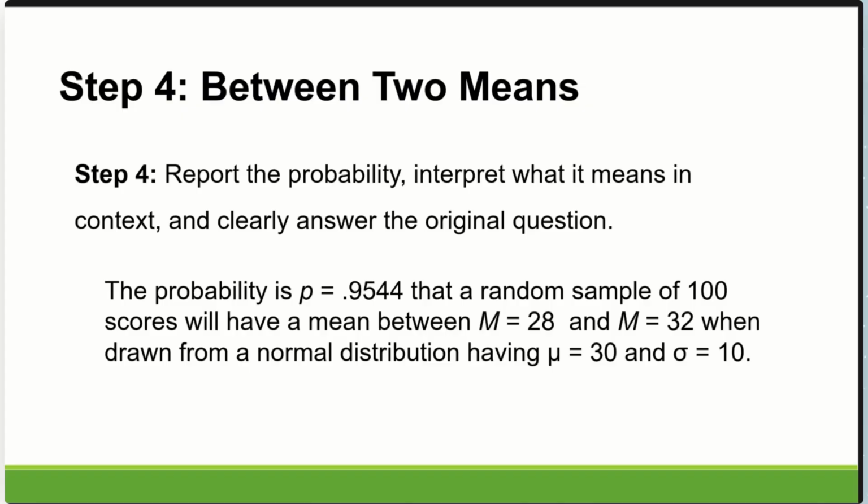The probability is p equals 0.9544, which is the final proportion that we computed, the difference between z-score 1 and z-score 2's probability values, that a random sample of 100 scores will have a mean between 28 and 32 when drawn from a normal distribution having a mean of 30 and a standard deviation of 10. So that's our probability of obtaining a mean between two means, area under the curve question.